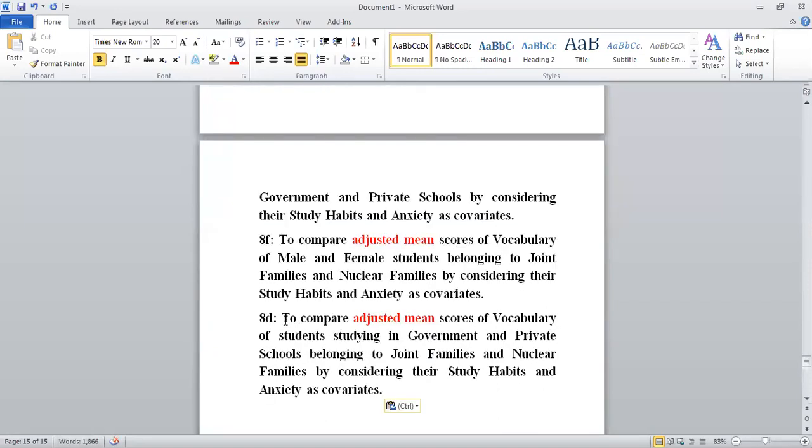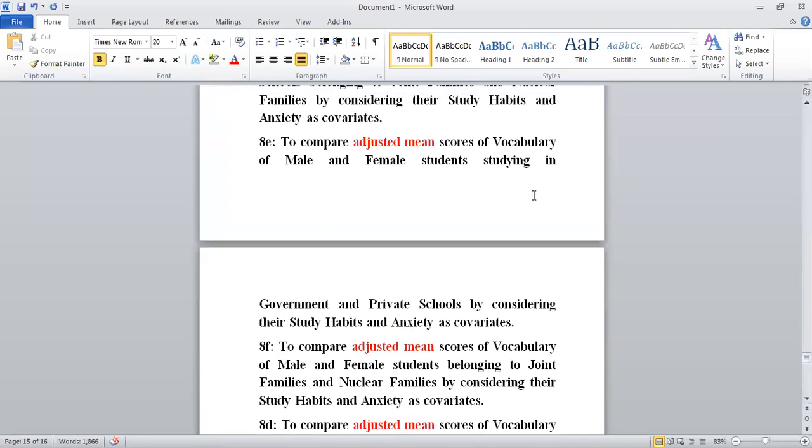is to compare the adjusted mean scores of vocabulary of, let us see what are the things that I have done. So here it is gender and the types of school I have done.